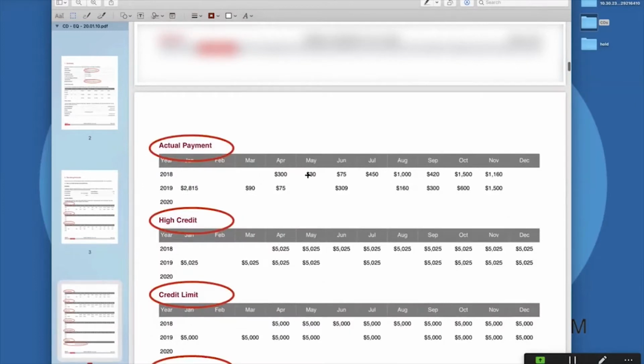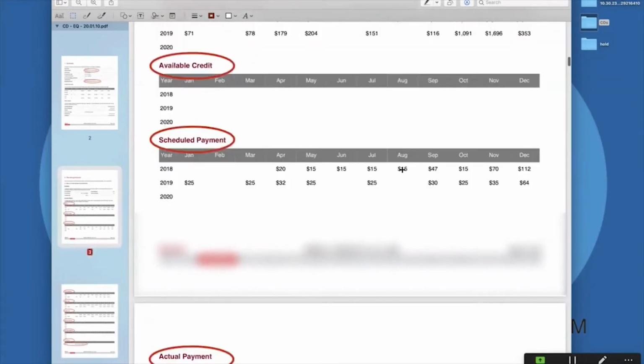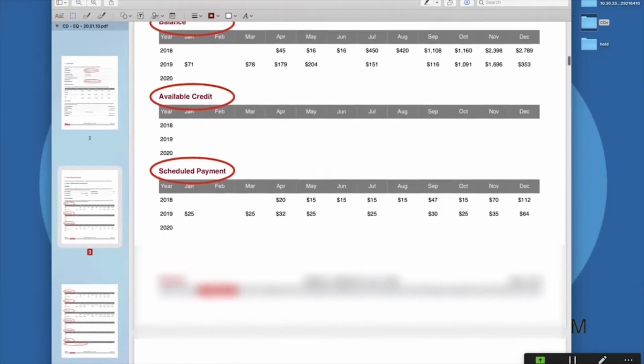And notice 300, then 30, then 75, then 1,000, and each one of those was scheduled, and in August 1,000 was paid, leaving a balance of 420 after that payment. Now, what we need to make sure that we understand is that, as we talked about in previous episodes on revolving accounts, we never make the minimum payment.